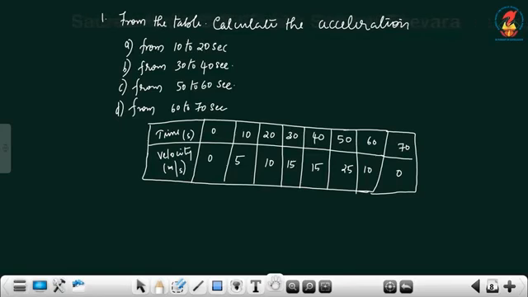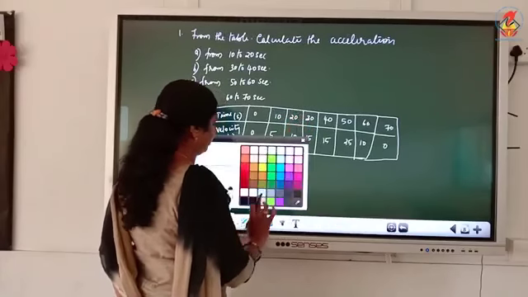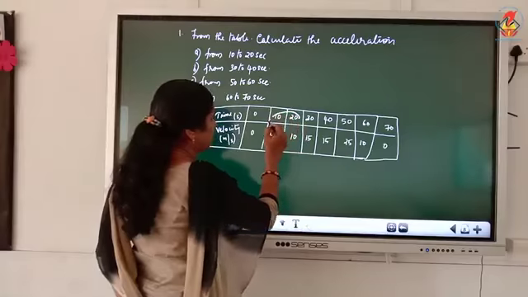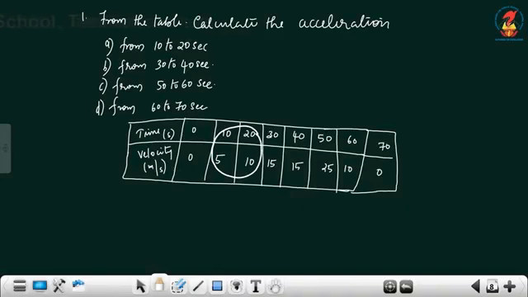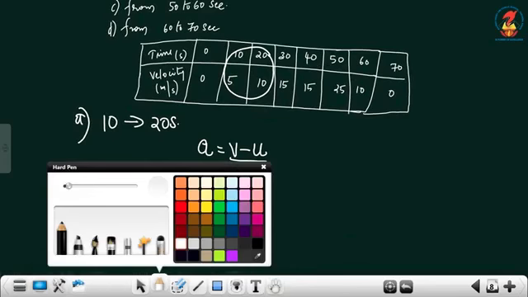So, first I will consider this one, 10 to 20 seconds. What is the acceleration? Now, what's the equation to find the acceleration? A equal to v minus u by t. Now, what is t here?